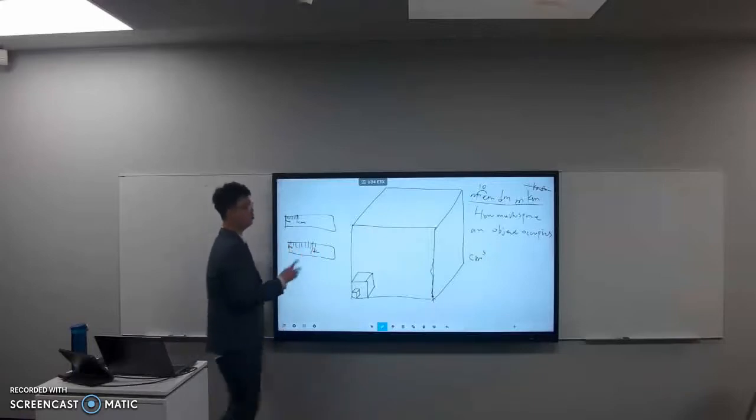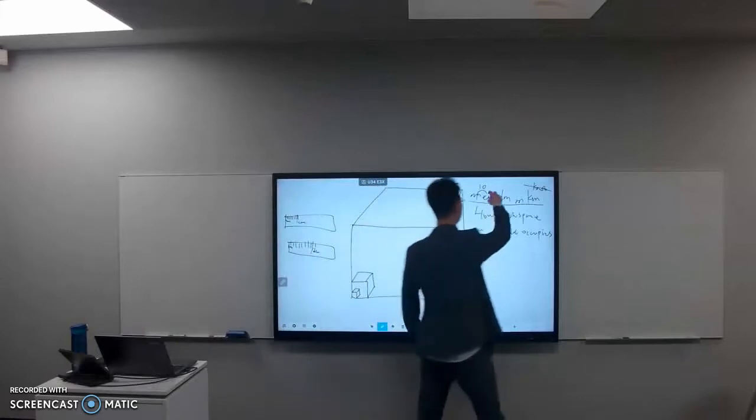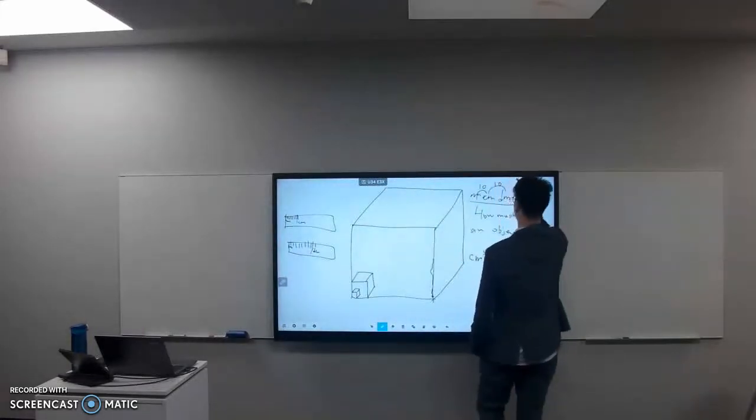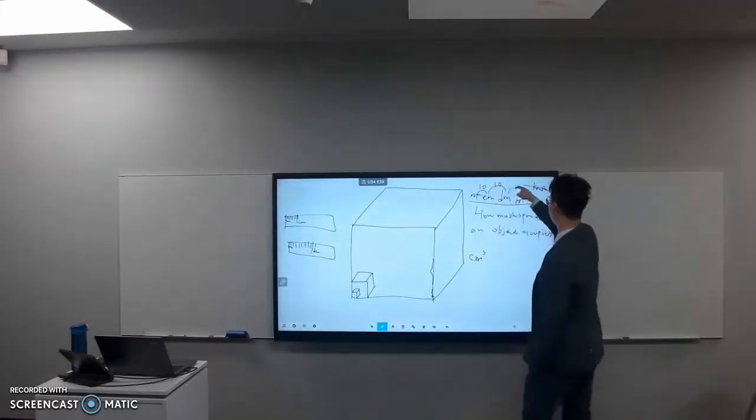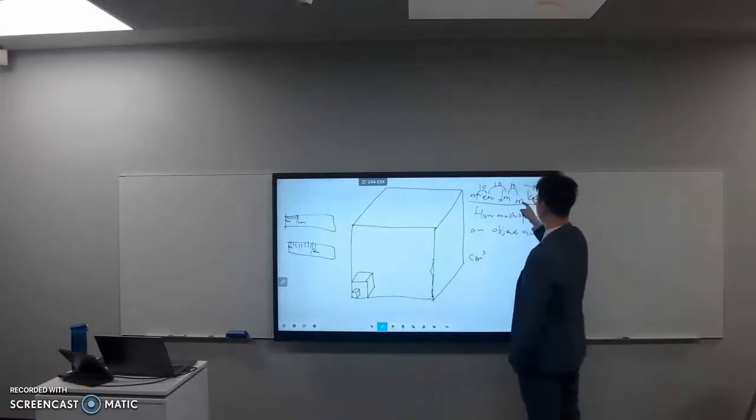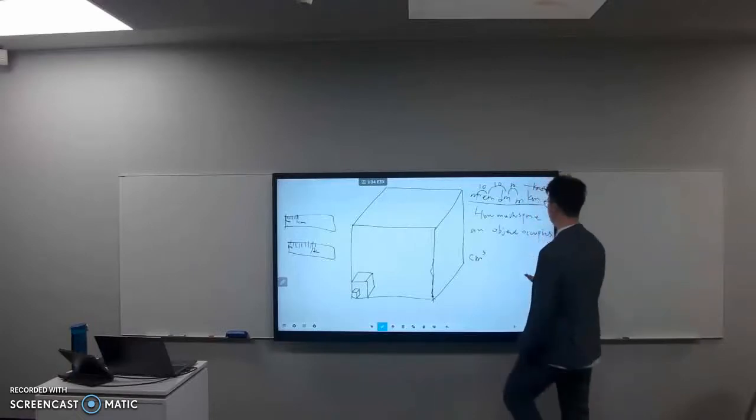So 1 centimeter of the 10 centimeters is a decimeter. That's 10, 10, and then decimeters per meter is 10 because there are 10 decimeters in a meter.